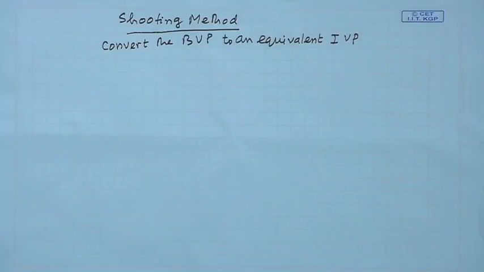In this boundary value problem, the difficulty is that we have the conditions at two different points.